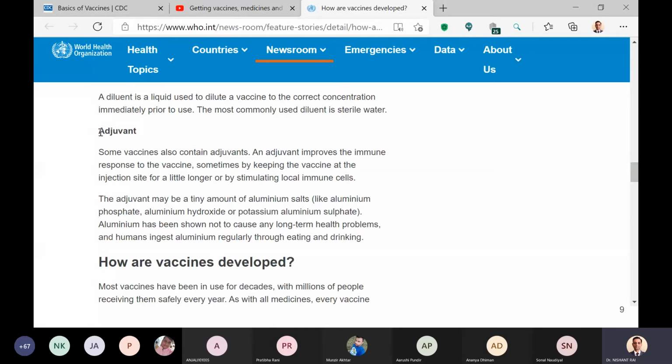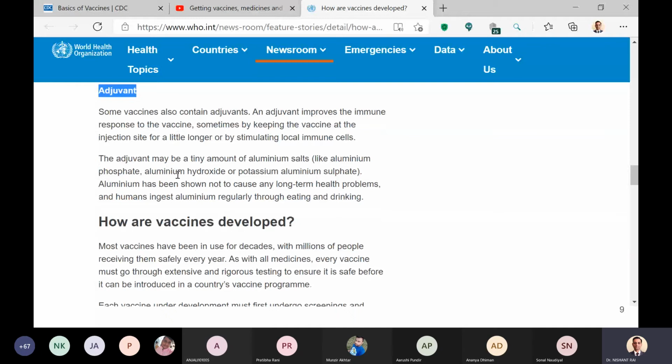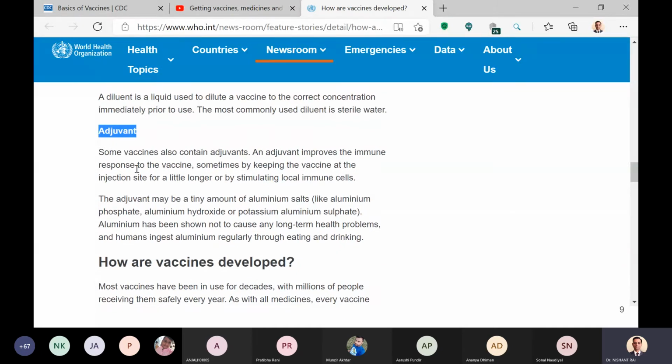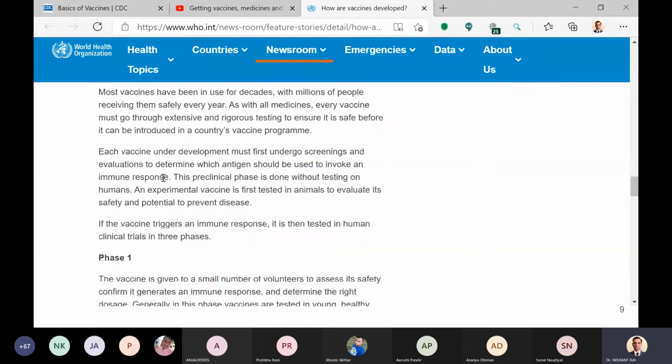So the adjuvant has a role in increasing the body's immune response, in terms of more antibody production for a longer time, for a whole life. And it is achieved by a booster dose, including this adjuvant.